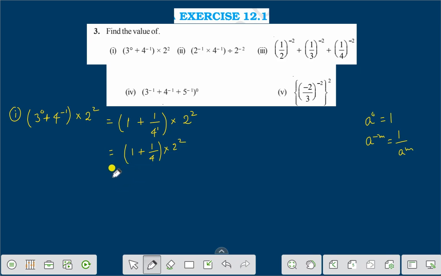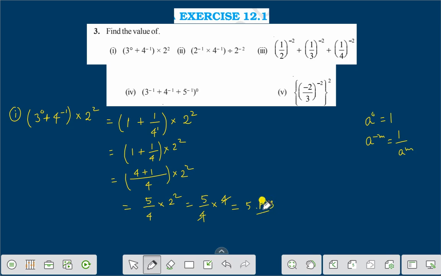Now if you add this, we are getting LCM as 4, and we are getting 4 plus 1 over 4 into 2 to the power 2. 4 plus 1 is 5, so 5 by 4 into 2 to the power 2. 2 to the power 2 is 4, therefore 4 cancels, and the answer is 5. Therefore the answer is 5, and that is the answer of question number 1.